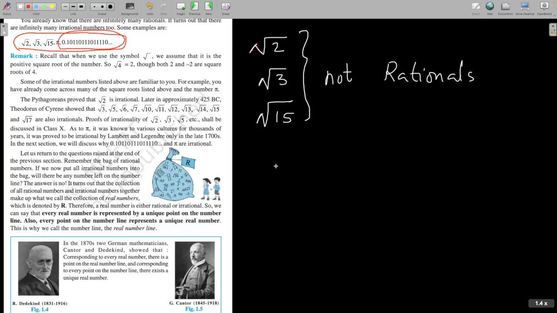I'll just write it down: 0.1, then 0, then there are 2 ones, then another 0, and then there are 3 ones, then another 0, and there are 4 ones, and the pattern goes on forever. So this is an example of an irrational number.